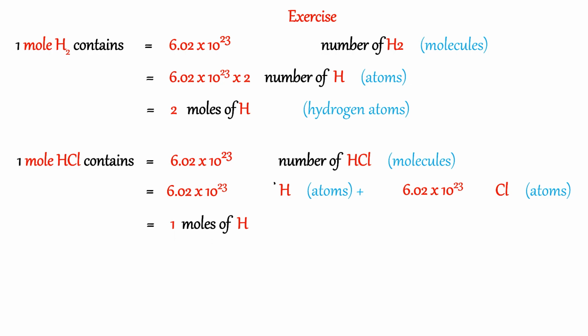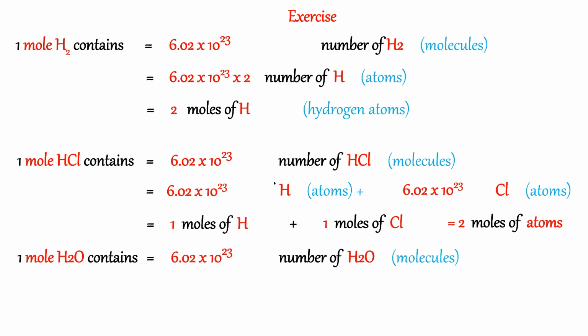And Avogadro number of hydrogen atoms equal 1 mole hydrogen atoms, and Avogadro number of chlorine atoms equal 1 mole chlorine atoms. Together is 2 mole atoms. So 1 mole of hydrogen chloride contains Avogadro number of hydrogen chloride molecules, and that contains double number of atoms, and that equal 2 mole of atoms.